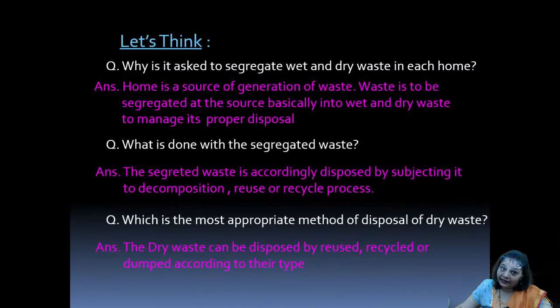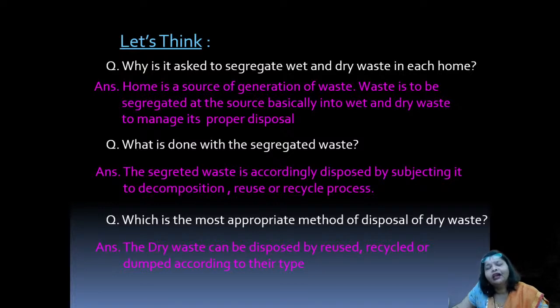Now let's think, why is it asked to segregate wet and dry waste in each home? You all know now home is a source of generation of waste. Maybe it may be organic waste or plastic waste or any kind of waste, right?